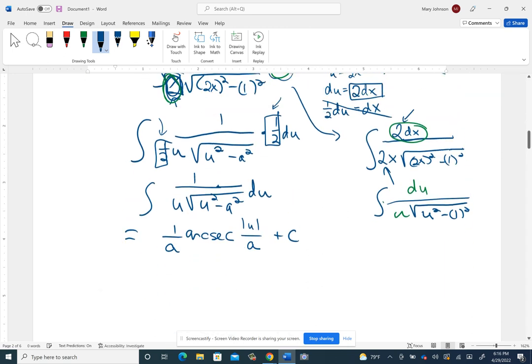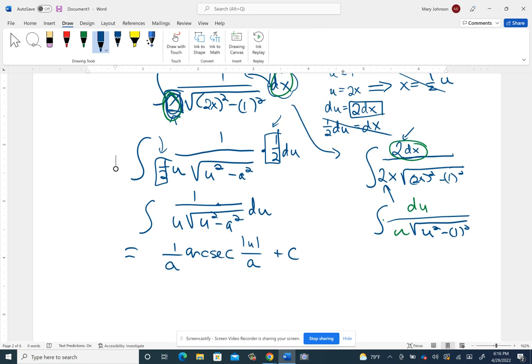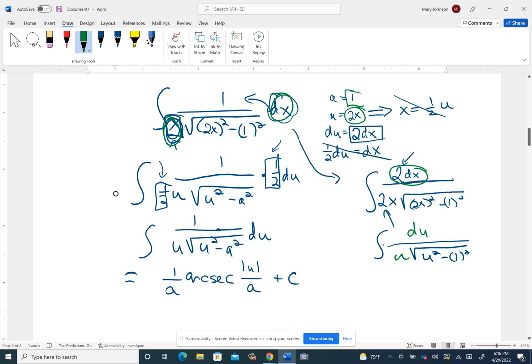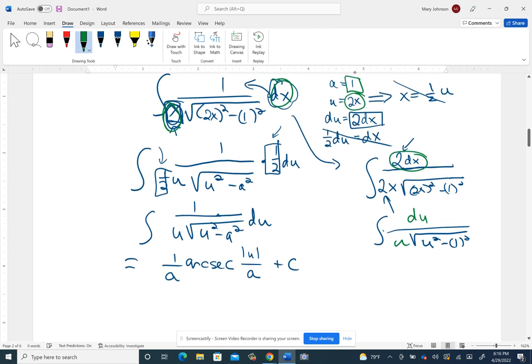But u was equal to 2x. A was equal to 1. So we're going to put those back in. So we really just have 1 over 1 arc secant absolute value of 2x over 1 plus c.